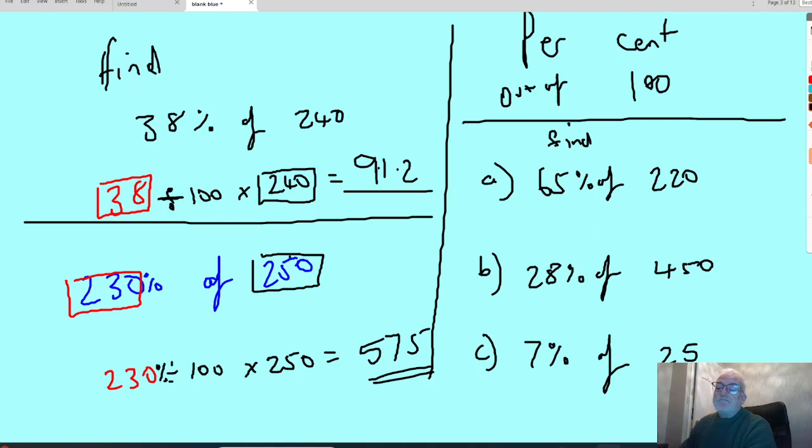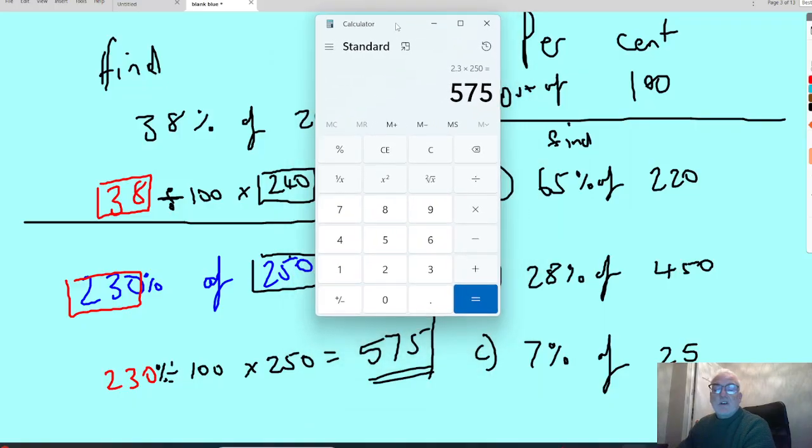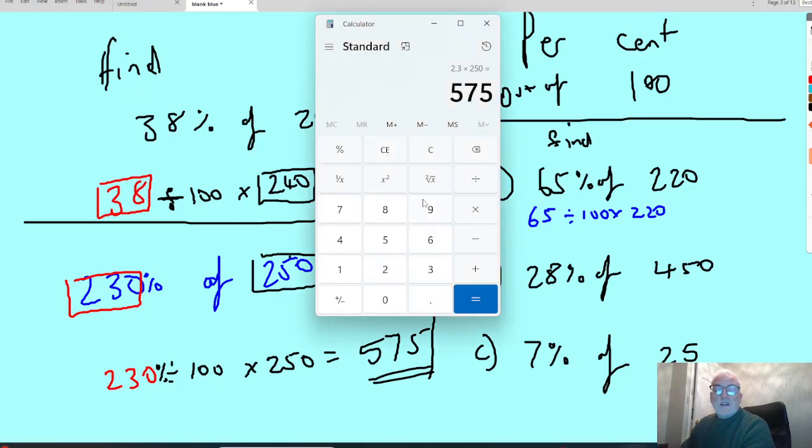Okay, let's see how we got on. Using our method to calculate this, we've got the percentage, 65 divided by 100 times by 220, gives me 143.